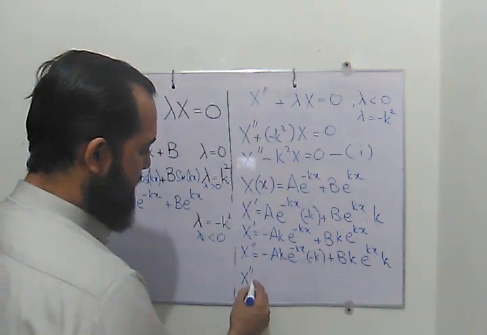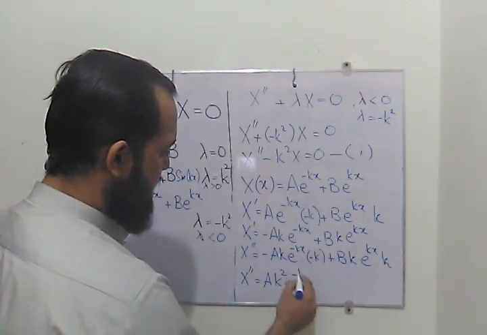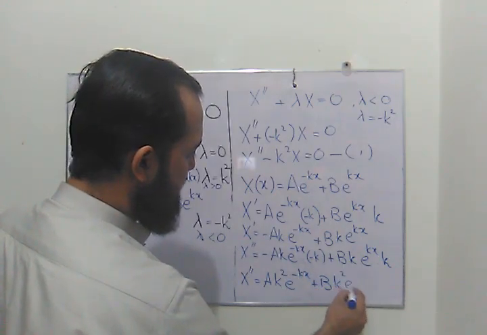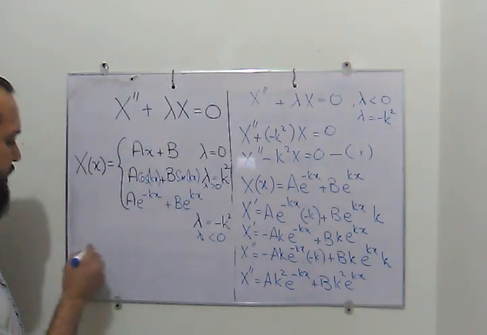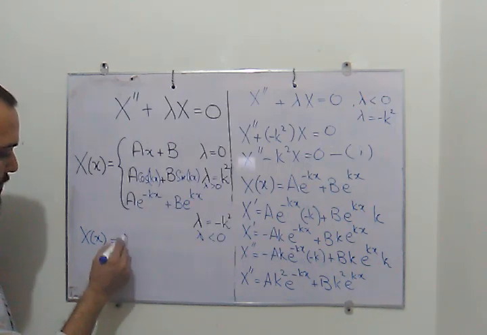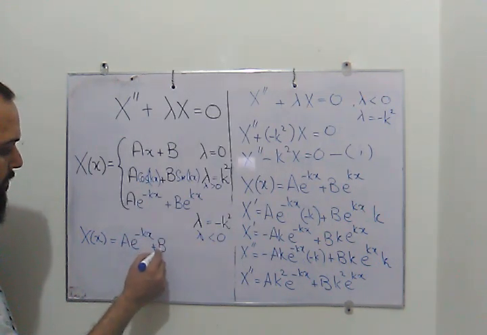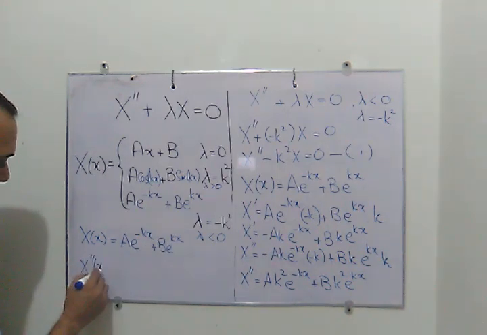We have x double prime is equal to a k square e to the minus kx plus b k square e to the kx. We write both solutions here.